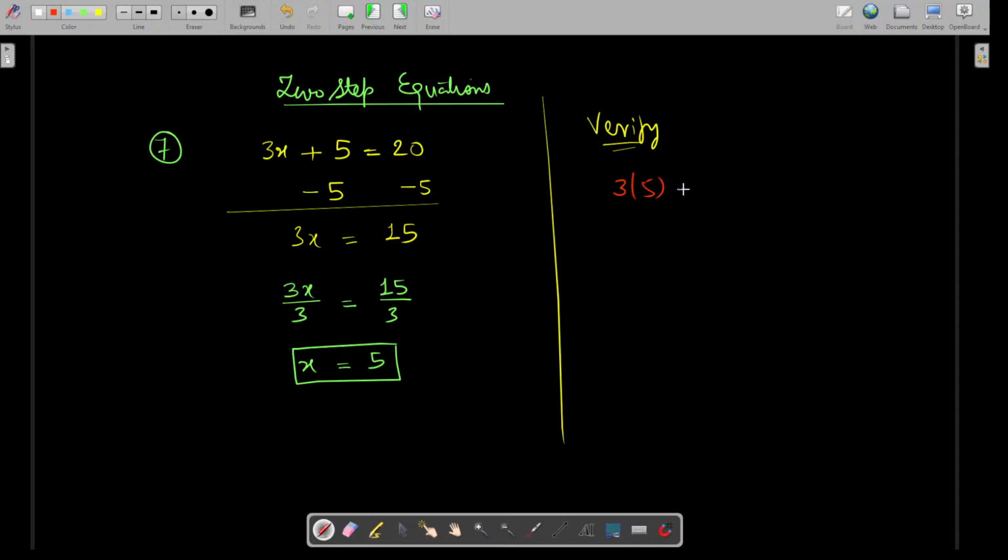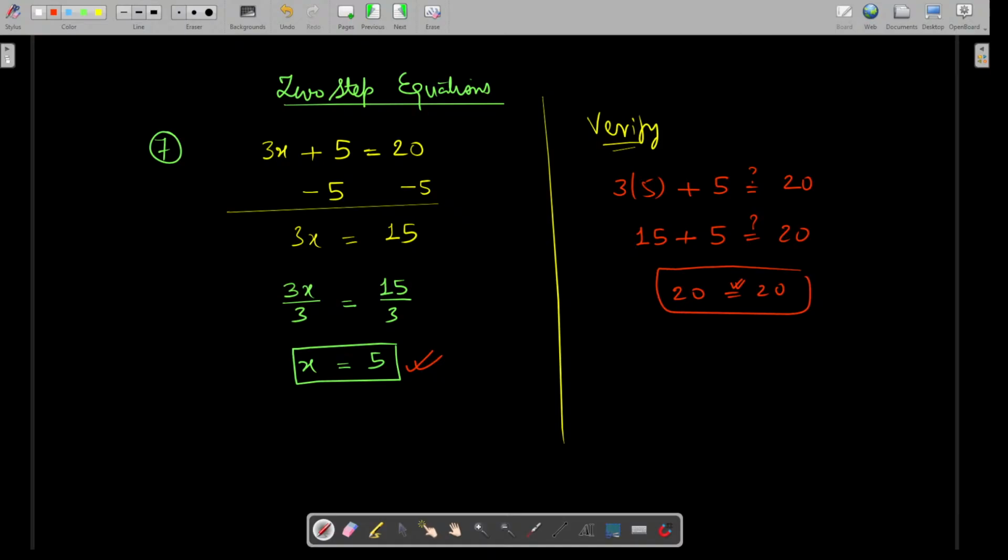Okay, so 3 times 5 plus 5, does it equal 20? So 3 times 5 is 15, and then 15 plus 5, does it equal 20? And we can say 15 plus 5 is indeed 20. So 20 equals 20. That means our solution x equals 5 is 100% correct.